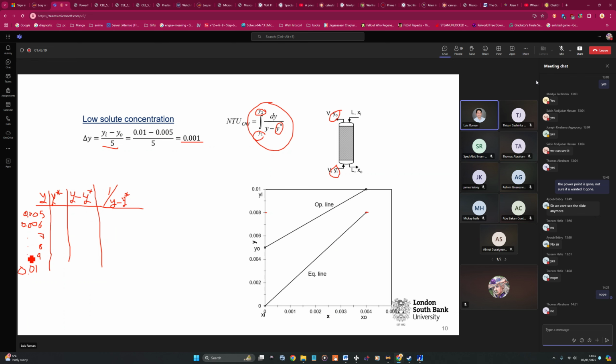For each of those values of y, we need to find this value of y at equilibrium, and then compute their difference, and then the inverse, and then we use those values to evaluate the function, which is the integral, using the trapezium rule.